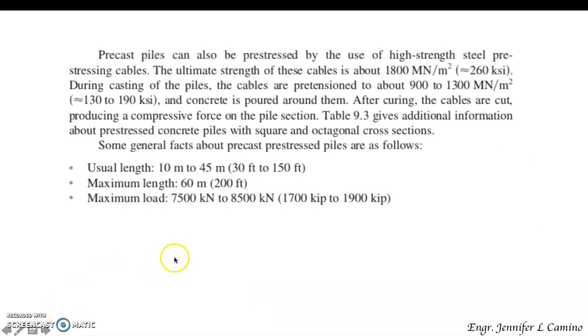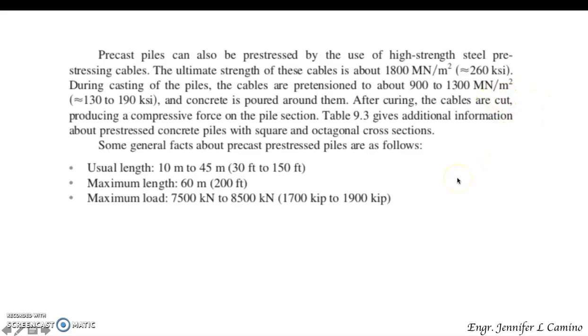Precast piles can also be pre-stressed by the use of high-strength steel pre-stressing cable. For this one, the ultimate strength of the cable is approximately 260 ksi, or 1,800 meganewton per meter squared. During the casting of the pile, the cables are pre-tensioned to about 900 to 1,300 meganewton per meter squared.